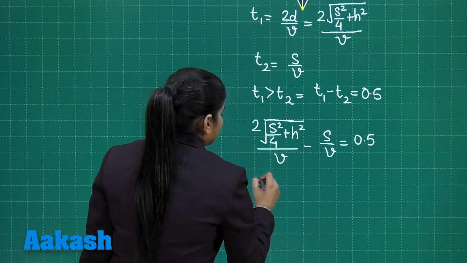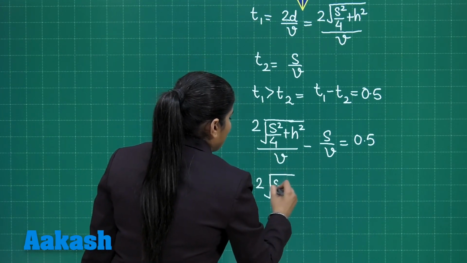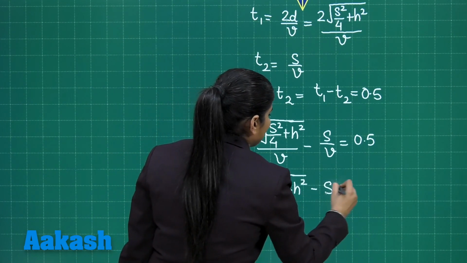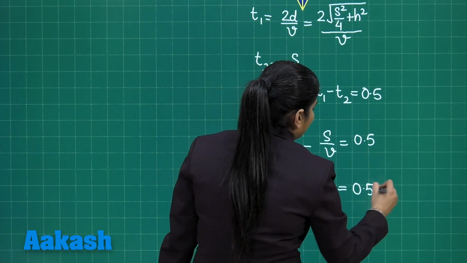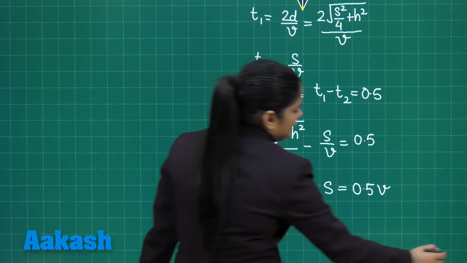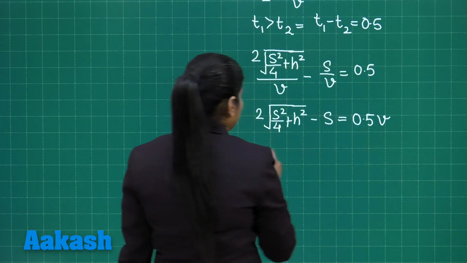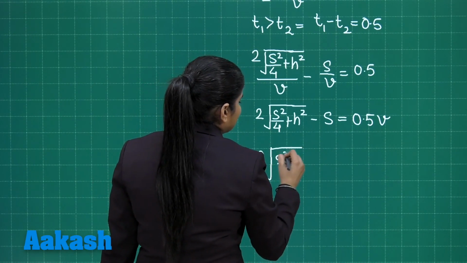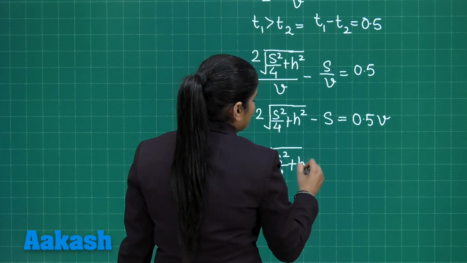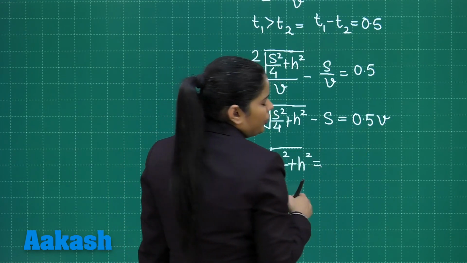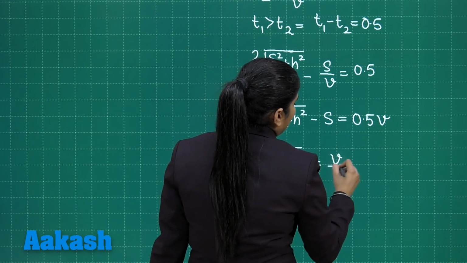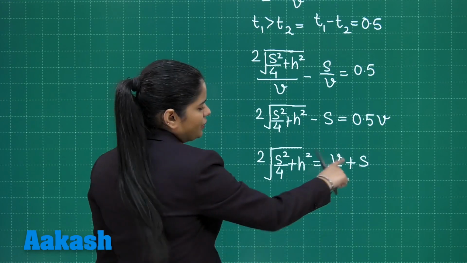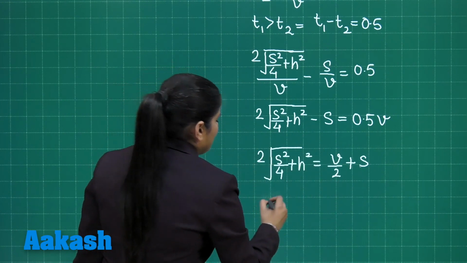Moving further, this will be 2 square root of s square by 4 plus h square minus s is equal to 0.5 v. Further, this can be written as 2 square root of s square by 4 plus h square is equal to, this 0.5 can be written as v by 2. I can bring this minus s to this side, so this will become plus s, okay.